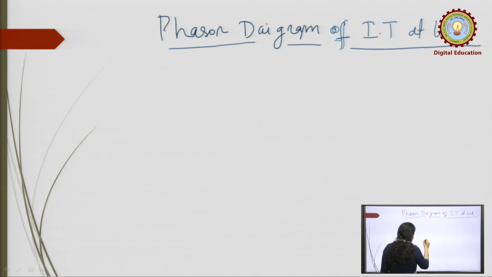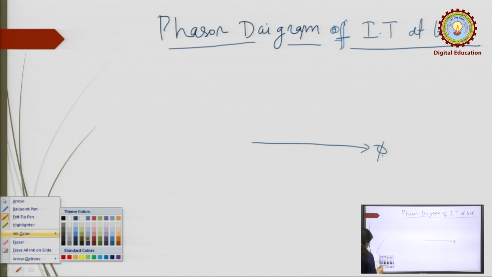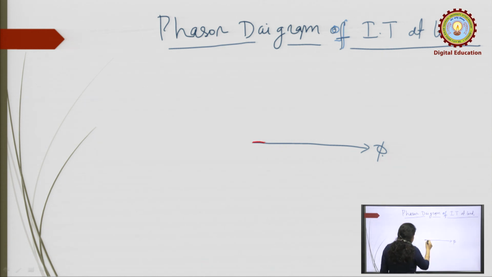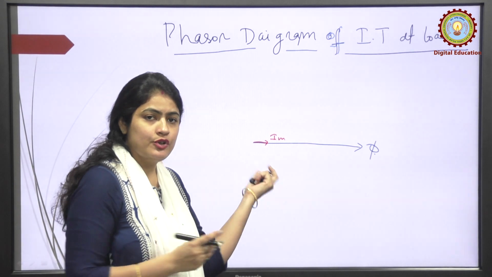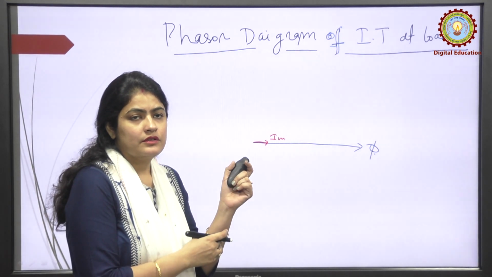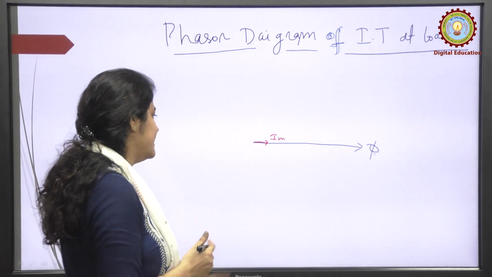Now suppose this is the reference flux, we have already assumed that. This is Im, which is in the same phase with the flux, okay, and the EMFs E1 and E2, which are produced through transformer action, are lagging the flux phi by 90 degrees.